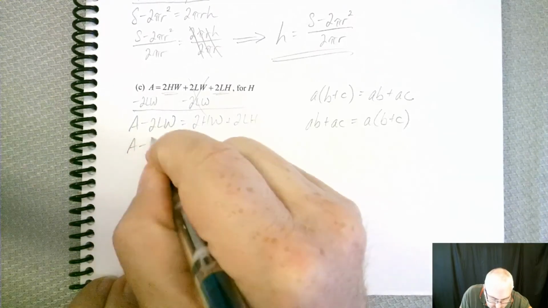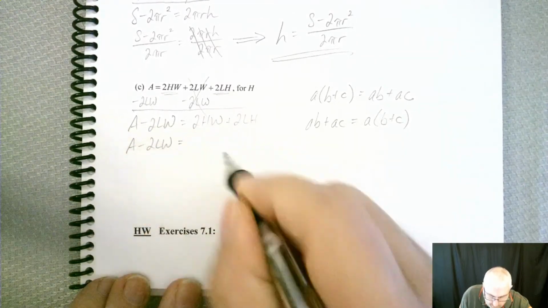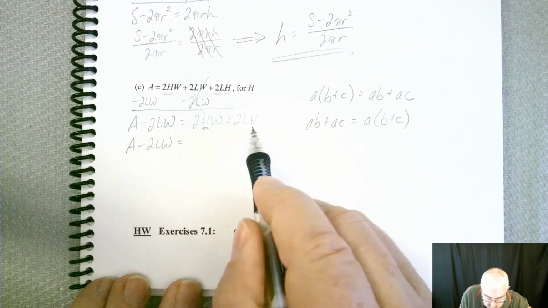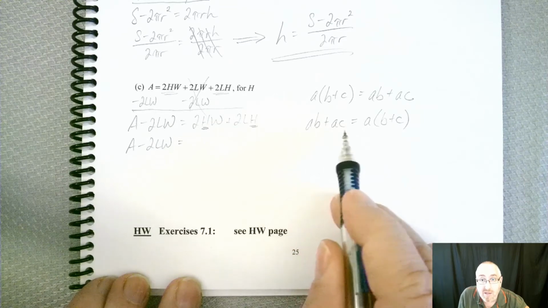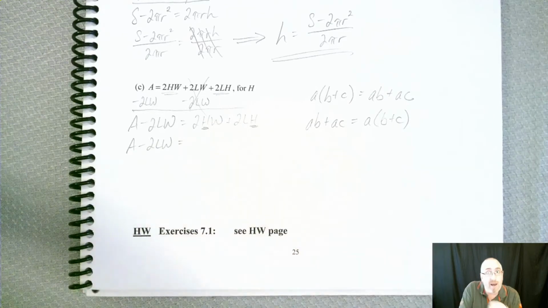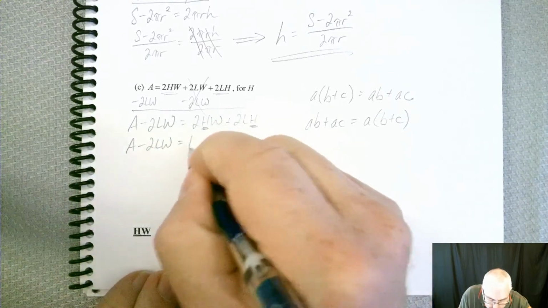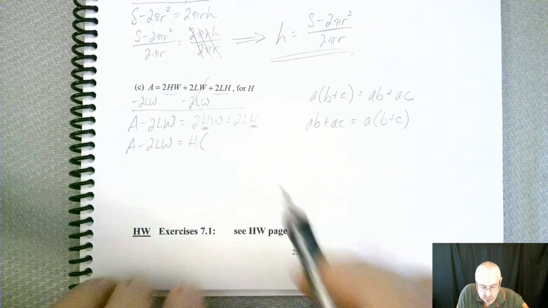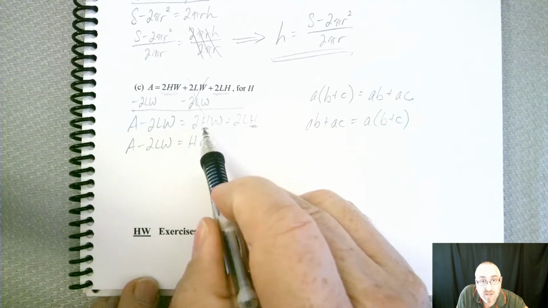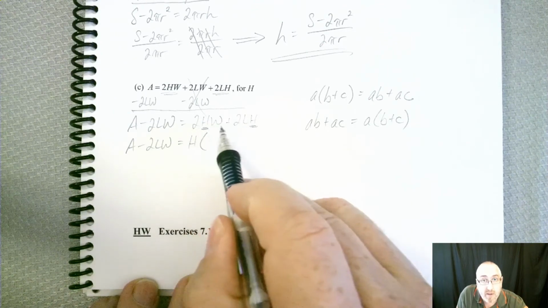Now we can't do anything more with the left, but look, here's that h, and here's the other h. That's kind of like our a in these two pieces. So if we pull that out in front, now we just got to state what's left after we pull it out. So if we pull out this h, what's left is just the 2 and the w.